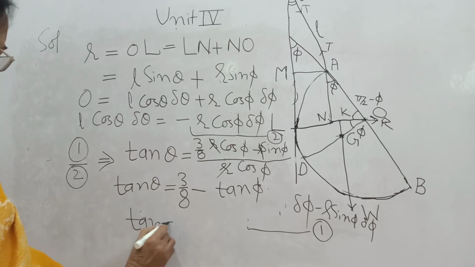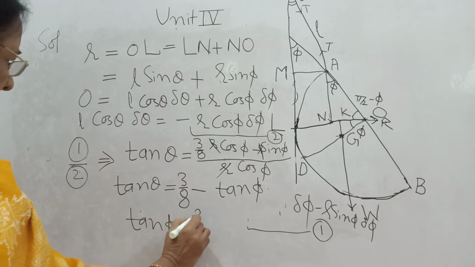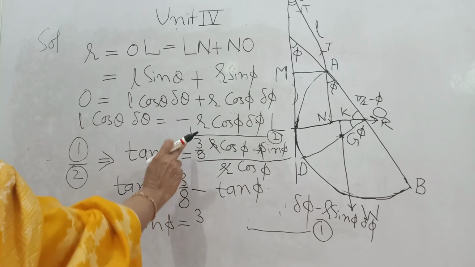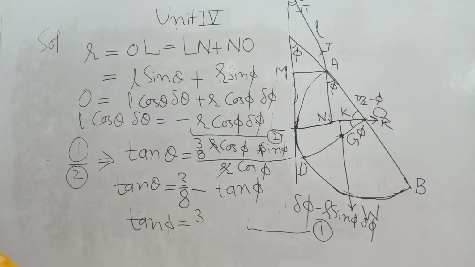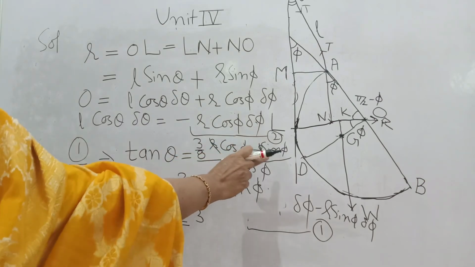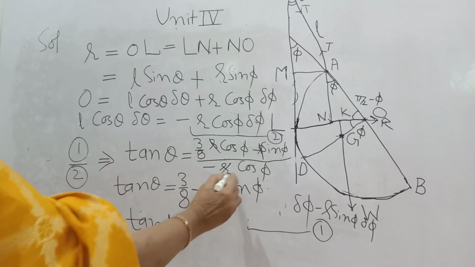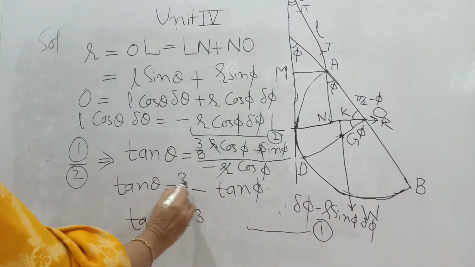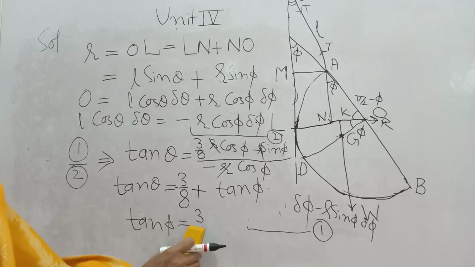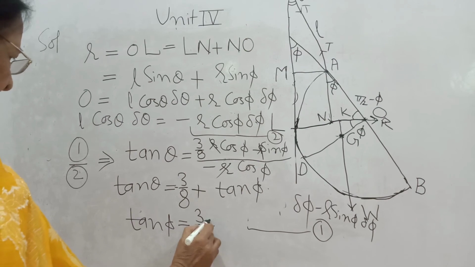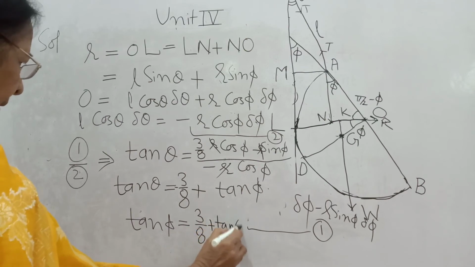So tan phi will become 3/8 plus tan theta, the required result.